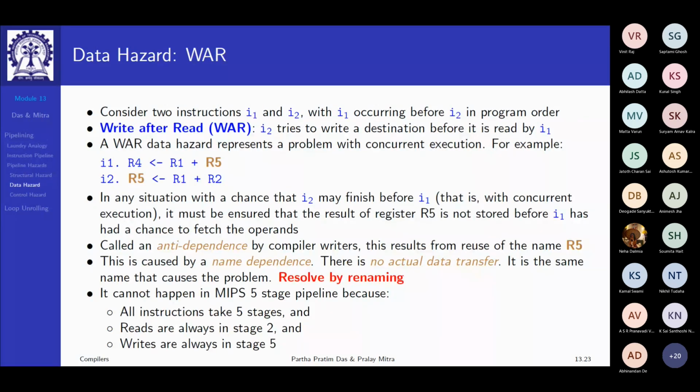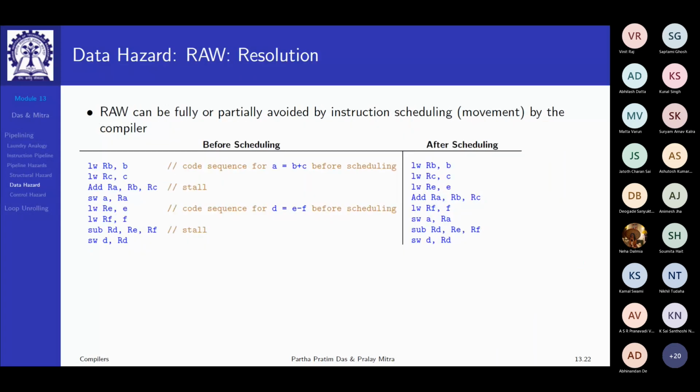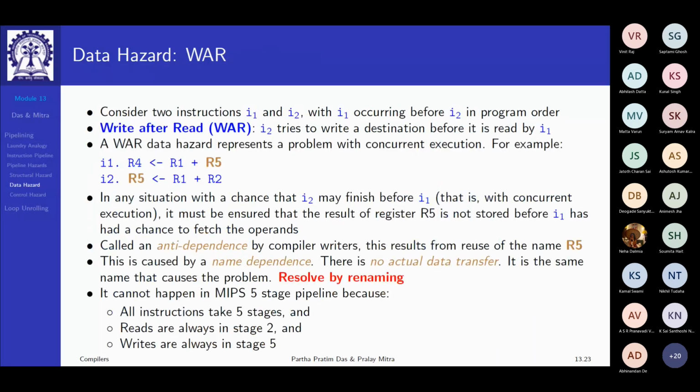Now, this was about RAW, read after write. There are two others. One is write after read. So again, two instructions. I1 is trying to write R5, and I2 is reading R5. Now, this is something in the pipeline which will give you an error.